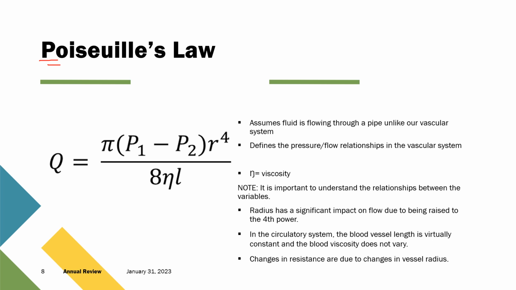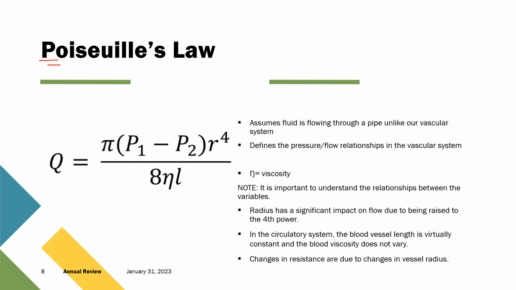Now, one of the caveats to this is our vascular flow, our vessels in our body, they are not long, straight, rigid structures like a PVC pipe. So Poiseuille's law is not perfectly accurate to how flow occurs in our bodies, but it makes some really good points that our bodies do follow to a certain extent.